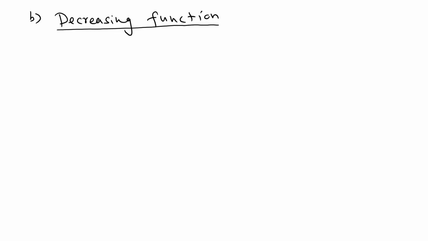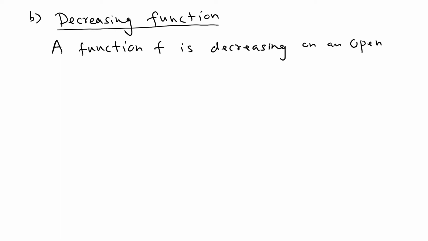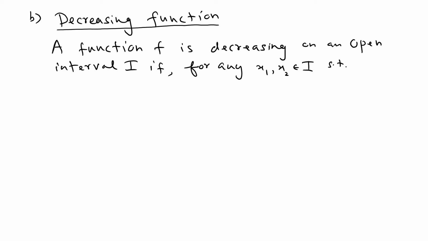B, the decreasing function. A function f is decreasing on an open interval I if for any two points, for any x1, x2 in the interval such that x1 is smaller than x2, we have f(x2) smaller than f(x1).